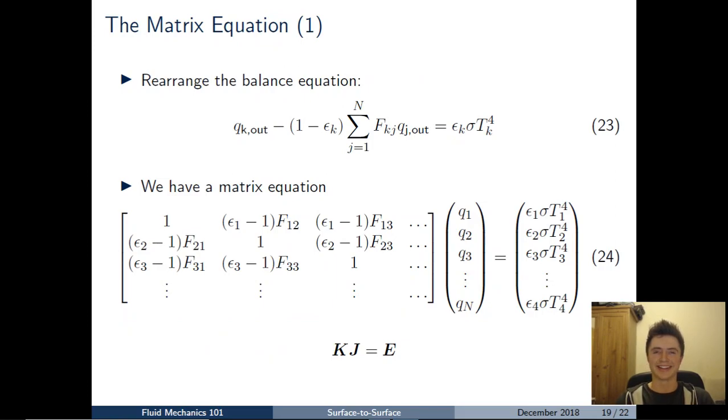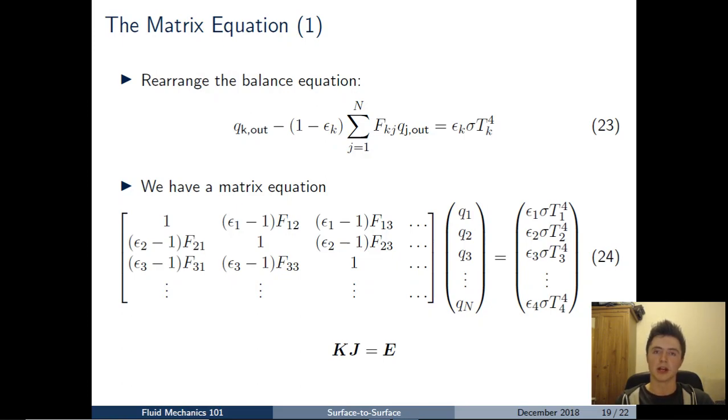To help you see where this matrix equation comes from, if you take the summation that was on the right hand side and bring it onto the left hand side, we can see that on the left hand side we have, for our cell k, the heat flux out of the cell, minus the reflectivity times the summation of the heat flux over all the other cells in the mesh, and that gives us on our right hand side the temperature of our cell k to the 4th power.